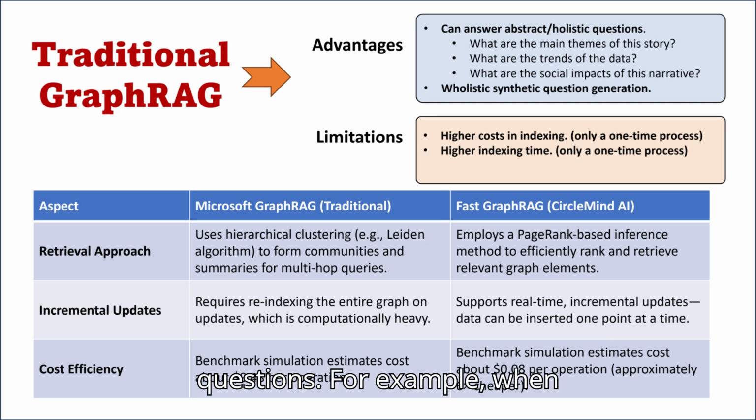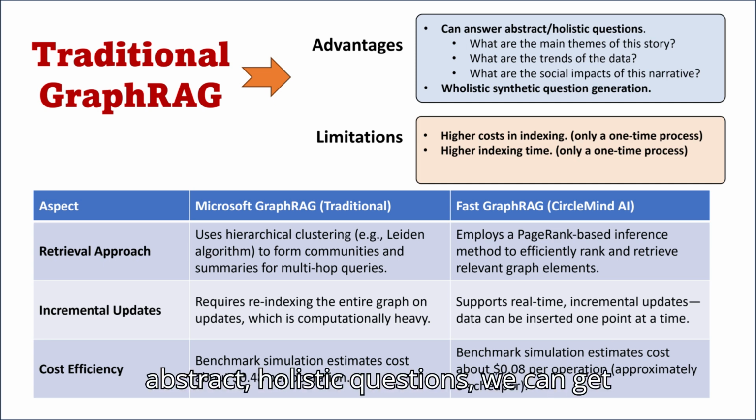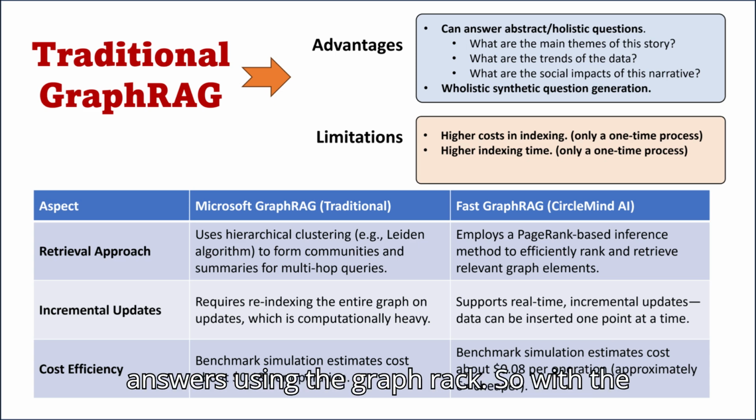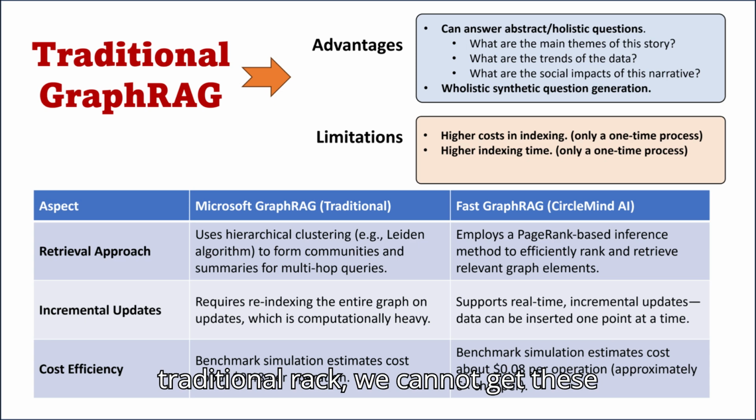For example, when we're asking questions such as what are the main themes of a given story, what are the trends of our data. For these kinds of very abstract, holistic questions, we can get answers using GraphRAG. With the traditional RAG, we cannot get these kinds of abstract answers.